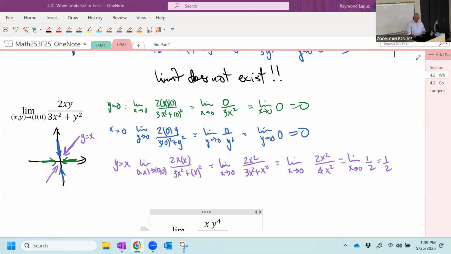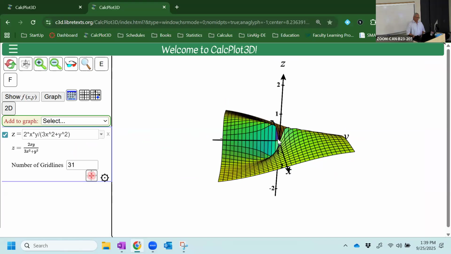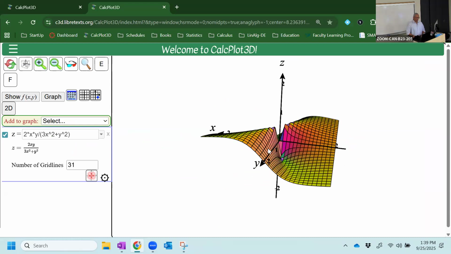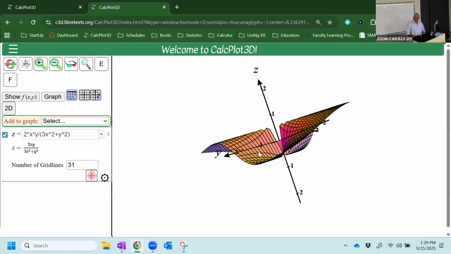The graph is 2 times x times y divided by 3 x squared plus y squared. Look at this graph. Kind of looks the same as the other one. It has like a little kink to the paper. If we think about this graph, the surface, as a sheet of paper, there's not just a kink, but a break.